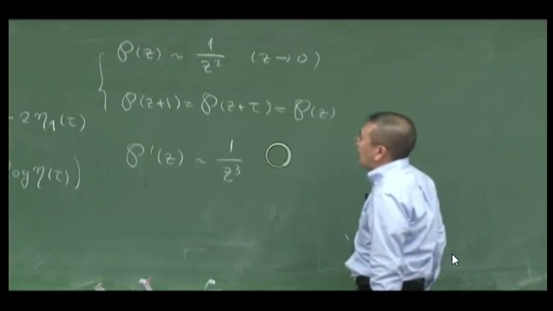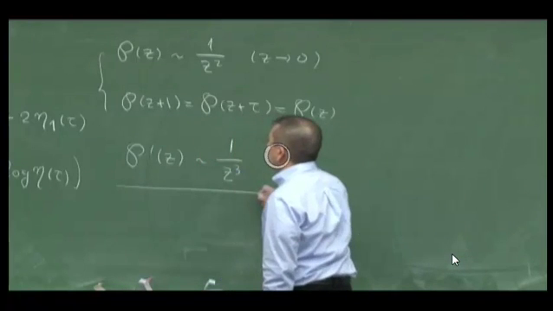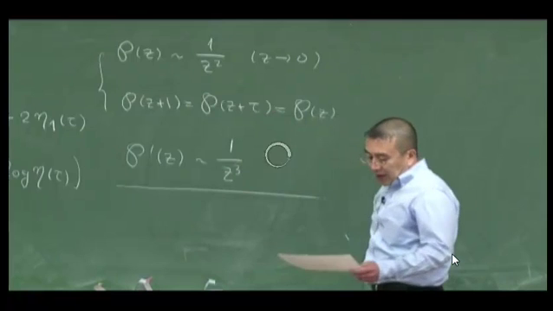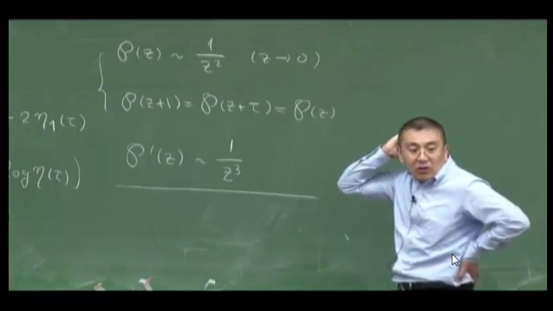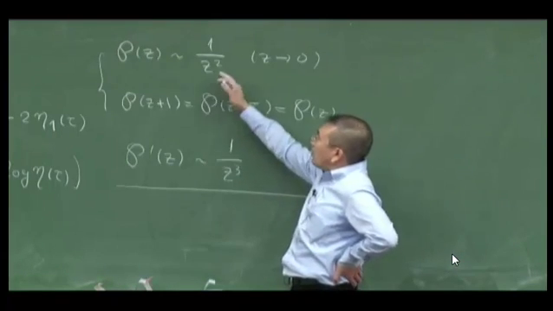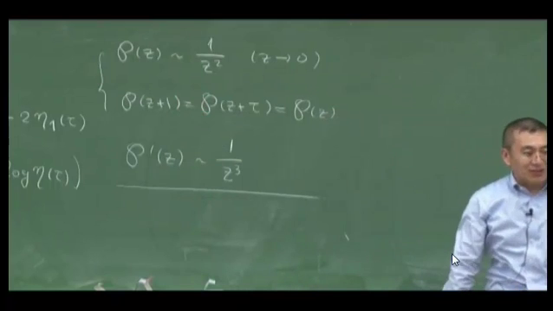That is that one can prove that any doubly periodic function on torus, doubly periodic holomorphic function on torus, can be expressed as a rational function of these two.